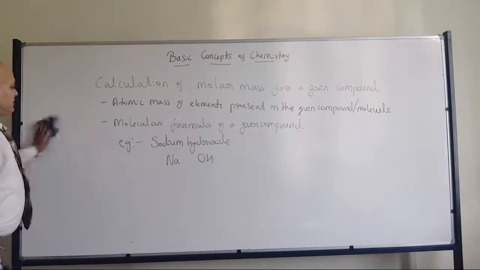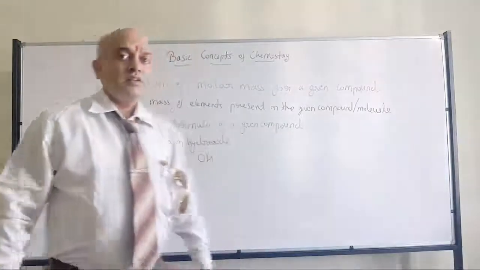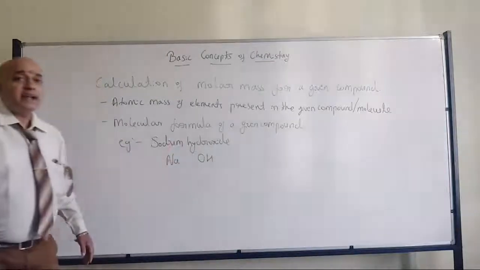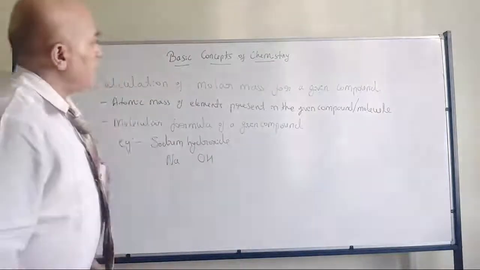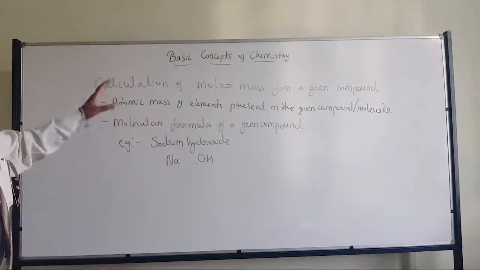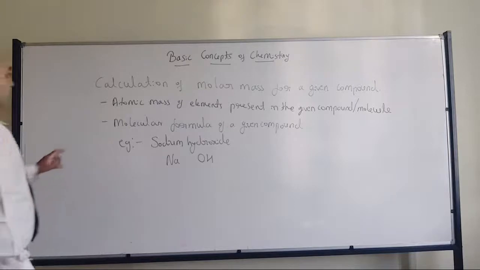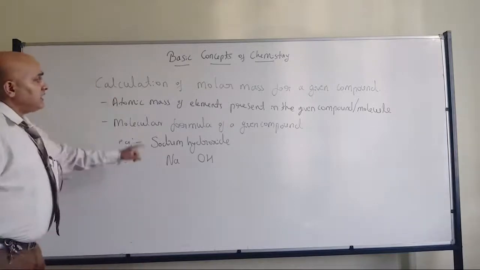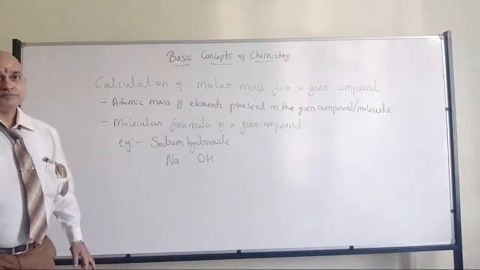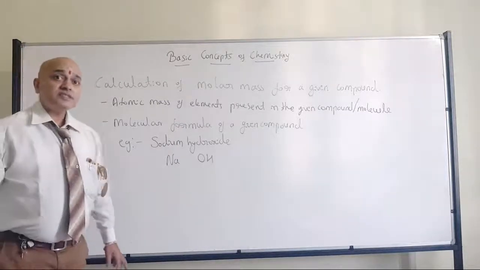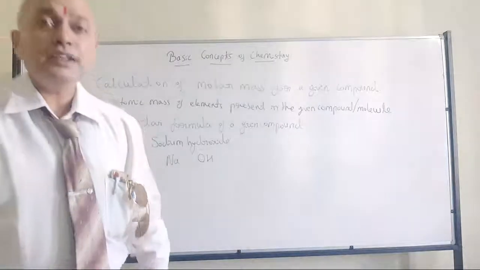Okay? Fine? Any doubt? So that's where sodium hydroxide, I have written the formula. Now, I want to find out the molar mass of sodium hydroxide because the question here is to calculate the molar mass for sodium hydroxide. Right? So first thing I should write the formula. Okay Shankar.